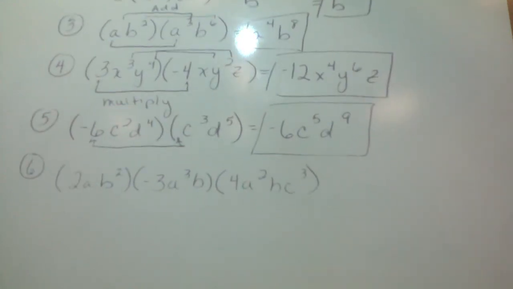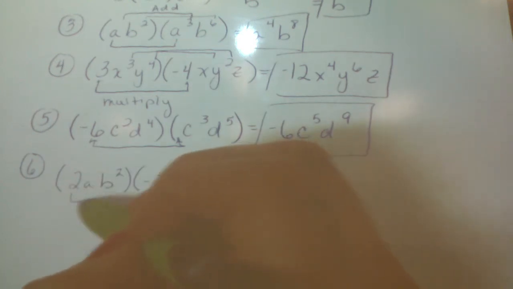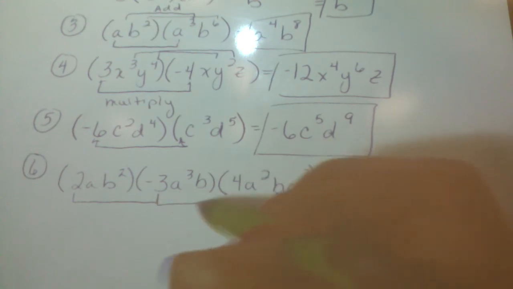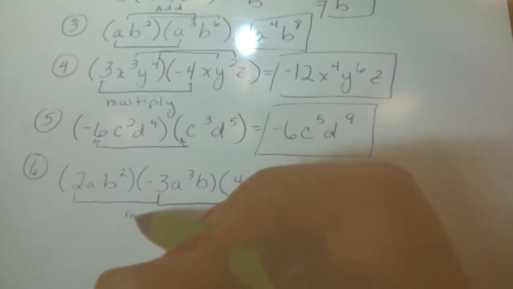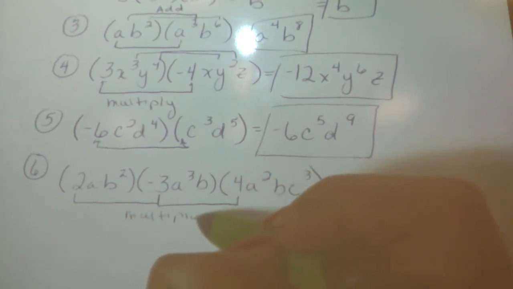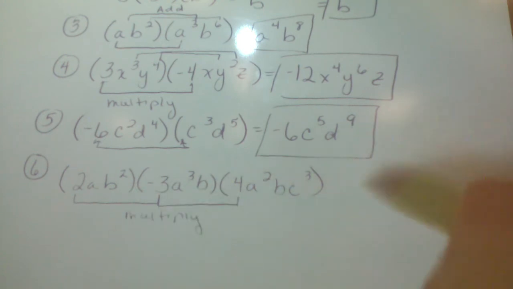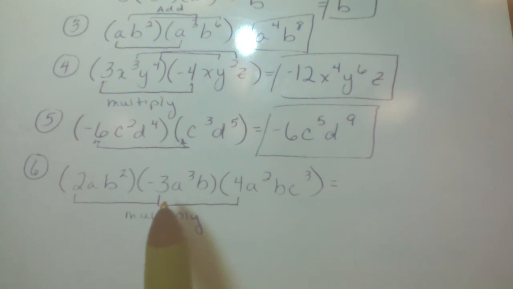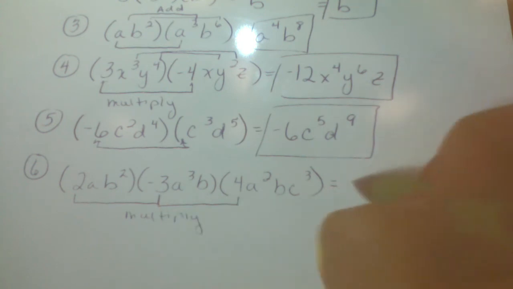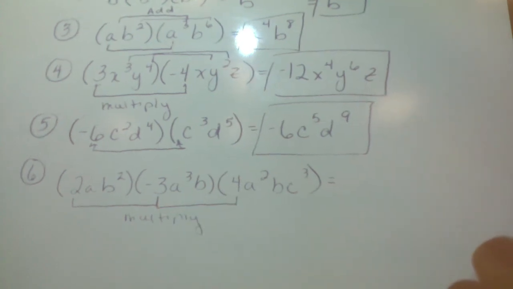Now it doesn't matter if there are 2 parentheses, 4 parentheses, 3 parentheses, you're going to take those coefficients, those numbers out in front of the variables, and you're going to multiply them. So I've got 2 times negative 3 times 4. You multiply, that's the operation, that's what's happening in between each parentheses. So 2 times negative 3 is negative 6 times 4 is negative 24.